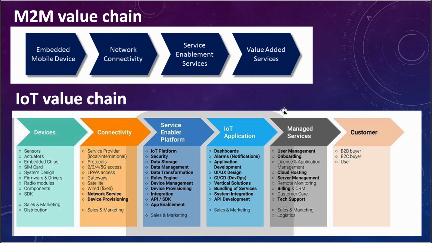So similar to connectivity, there will be different value chains working together to build this IoT value chain. If you take connectivity, 4G, 5G antennas, they will not be provided by Dialog themselves.